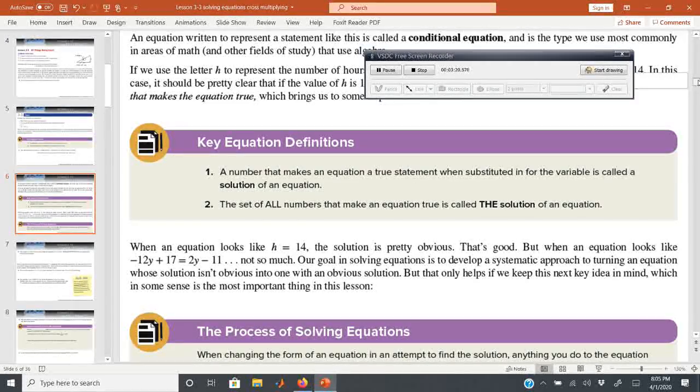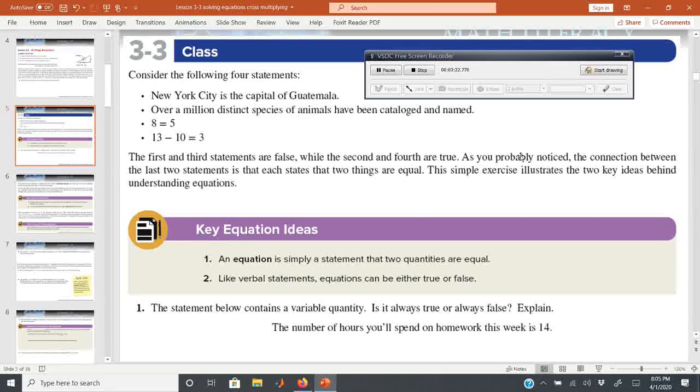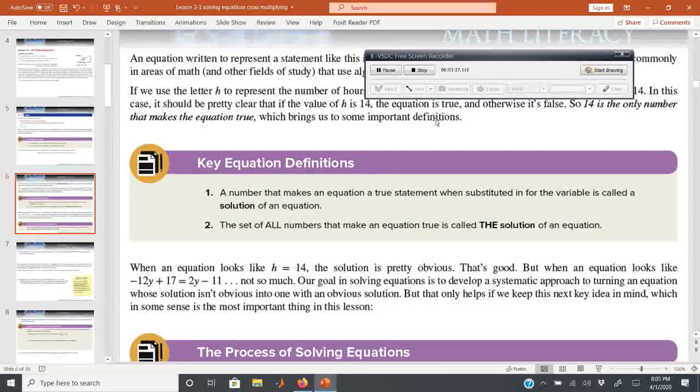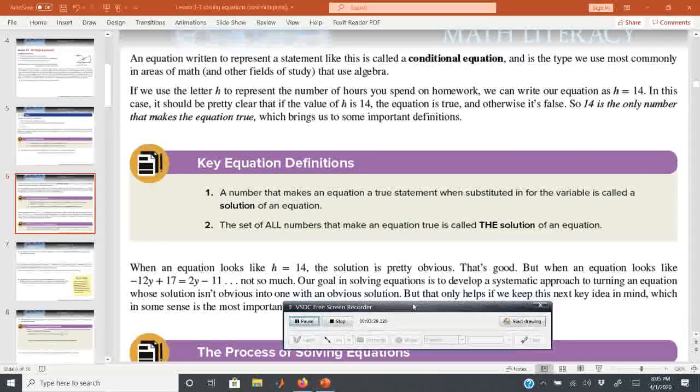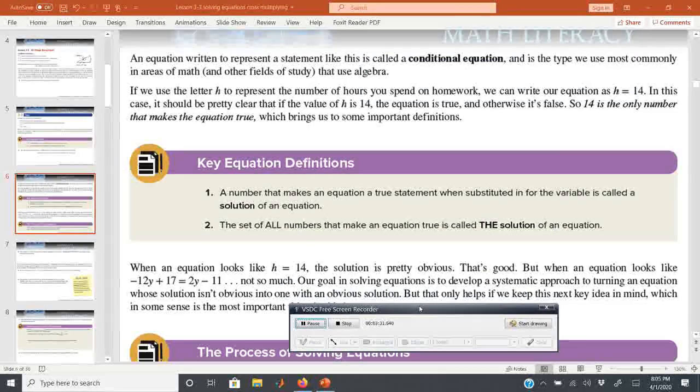Before we go on to question 2, we have some things to discuss first. An equation written to represent a statement like this is called a conditional equation. Might be true, might not.